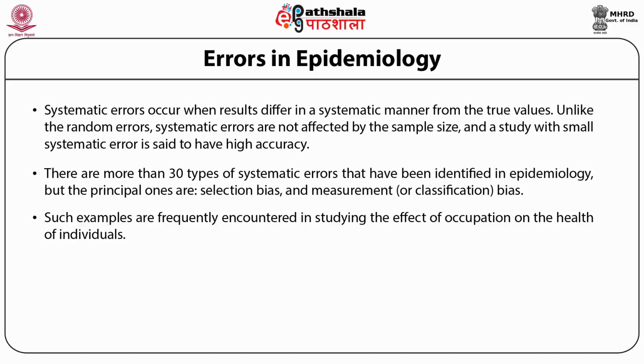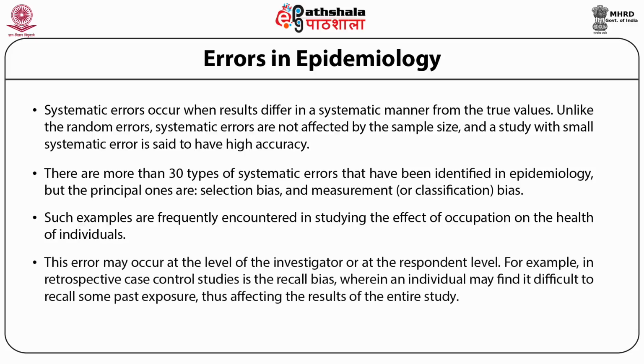On the other hand, measurement bias occurs due to personal negligence. It occurs when an individual does not measure accurately what he is supposed to measure. Here, the varying perception and understanding may also affect the way in which measurements are taken. This error may occur at the level of the investigator or at the respondent level.